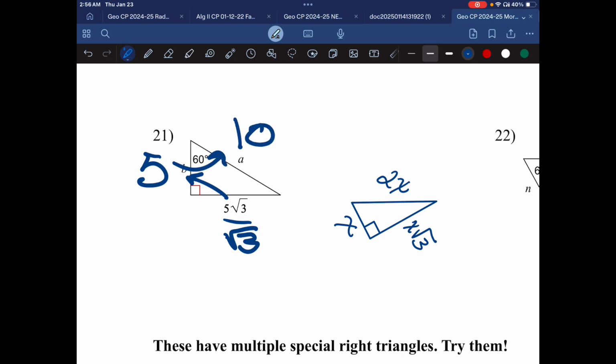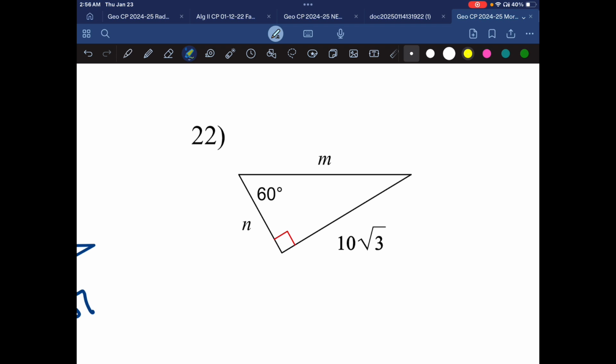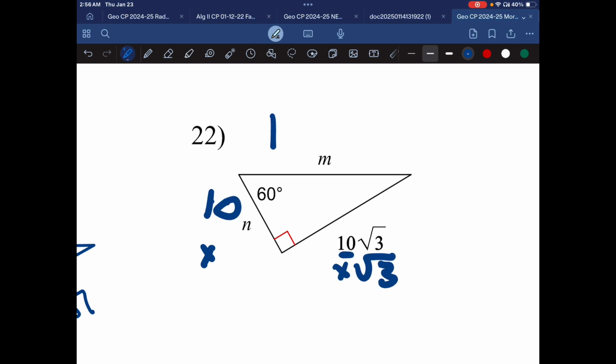And you'll see I even drew this over here to help you. Okay, find the short side. The other leg is x, so this is x square root of 3. Notice you can see the 10 right away if you write it. Oops, and this is 10 times 2, which is 20. You don't have to write the times 2. We'll just put that there.